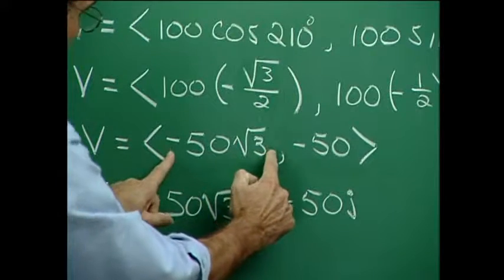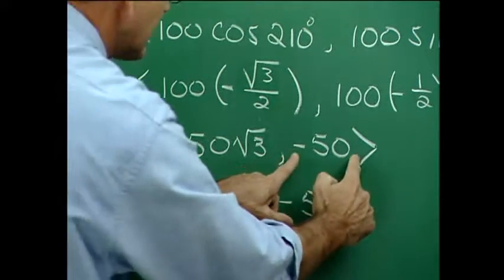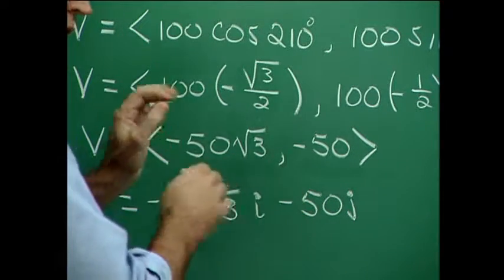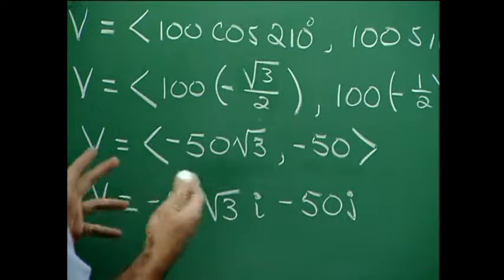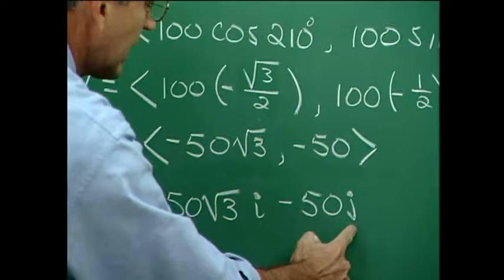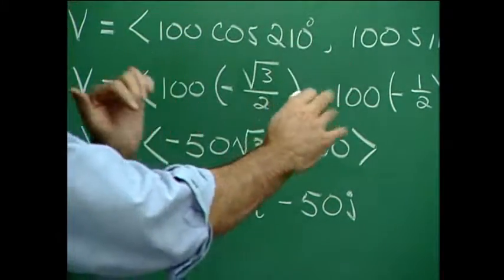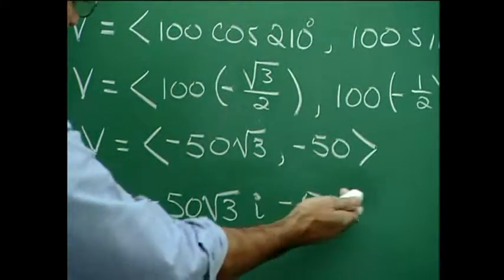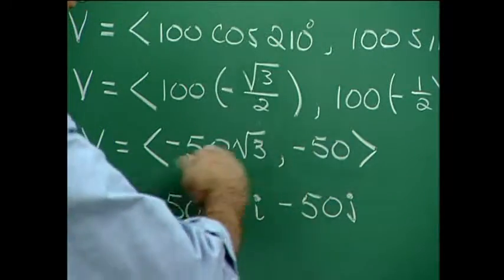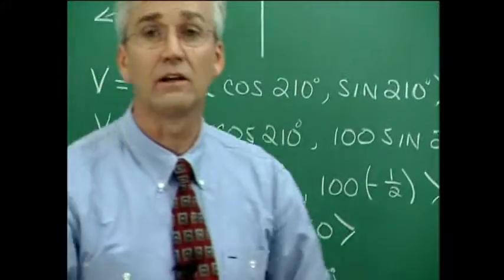Notice that I've written this as the coefficient of a letter I, and this as the coefficient of a letter J. Using this I and J and understanding the convention that the coefficient of I is a horizontal component and the coefficient of J is a vertical component, then we can make the additions. We can manipulate in this form perhaps more easily in some situations than in this form. So it's just a variation on the same theme. Take a look at this problem.